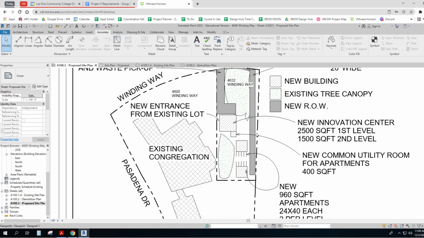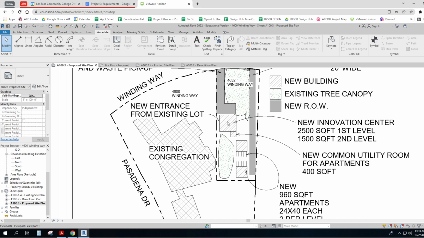So the Innovation Center is supposed to be 4,000 square feet. And again, I chose to make it 2 stories. And how the architect wants to do that. And this pad is actually 60 by 60, which is 3,600 square feet.